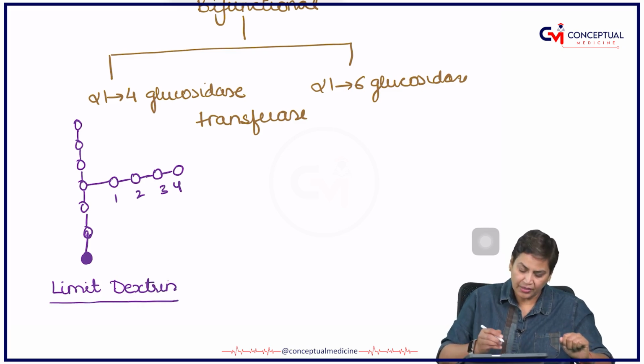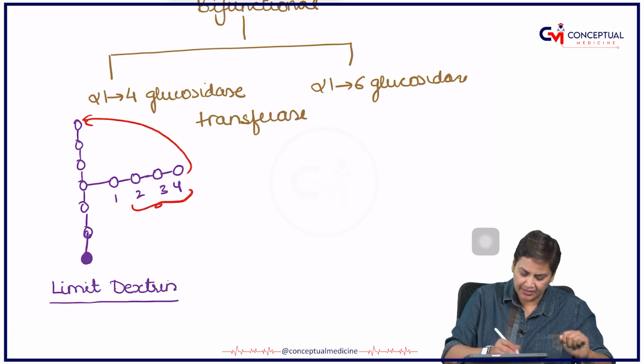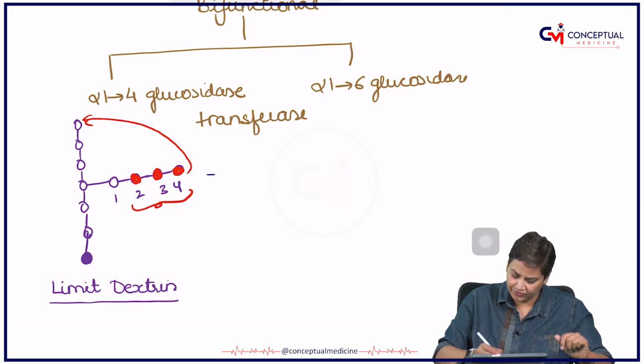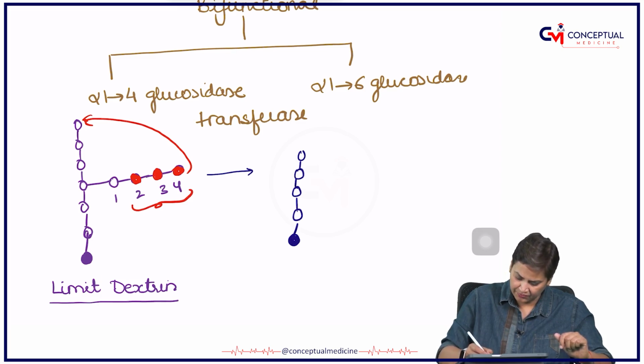Right. Now this portion 2, 3, 4 will be transferred here. I'll just color it like this, 2, 3, 4. And what kind of structure are we going to get? We are going to get this type of structure. Glycogenin 1, 2, 3, 4, 5 and after this comes this 1, then 2, 3, 4.